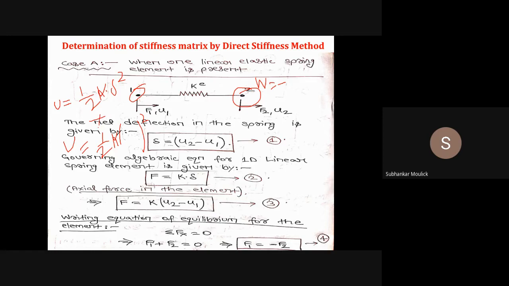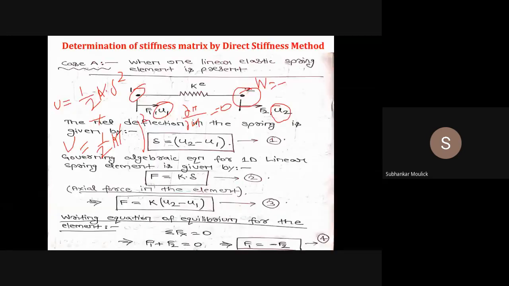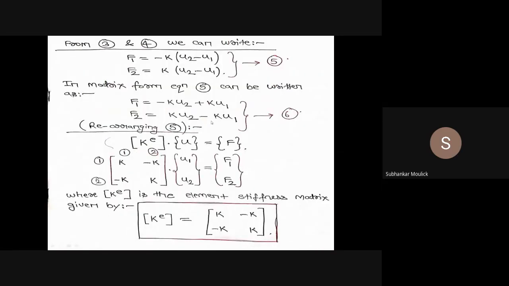This is your pi, and since at nodal point 1 displacement u1 is present and at nodal point 2 displacement u2 is present, you have to minimize pi. That means del pi by del u1 is equal to 0. You will get one equation, the same expression again. If you do del pi by del u2 equal to 0, again you will get the F2 expression.